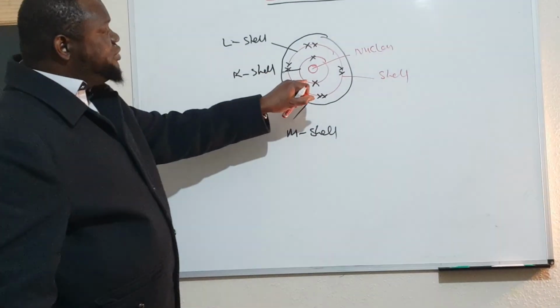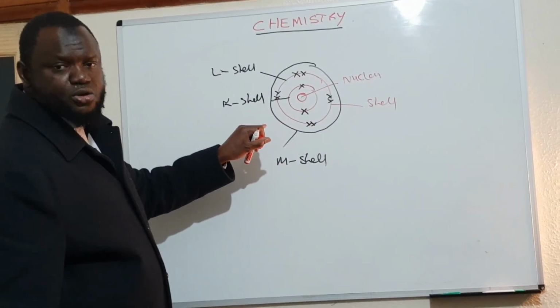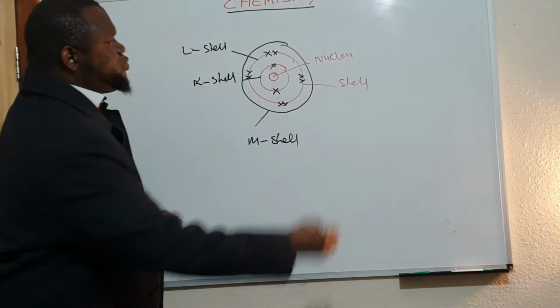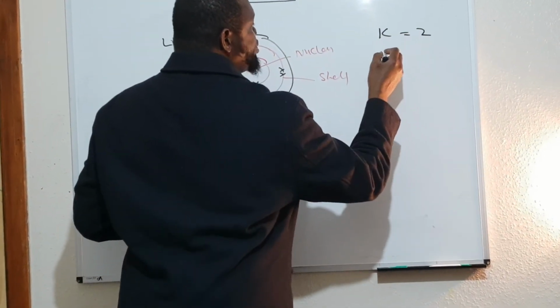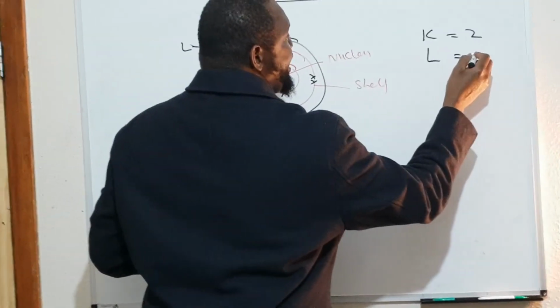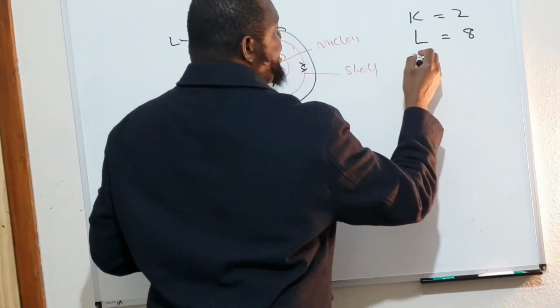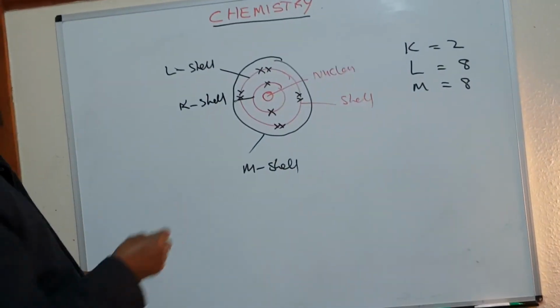But the first shell, which is the K shell, can take only 2, not 8. The L shell can take up to 8, and M can also take up to 8. They can't take more than that.